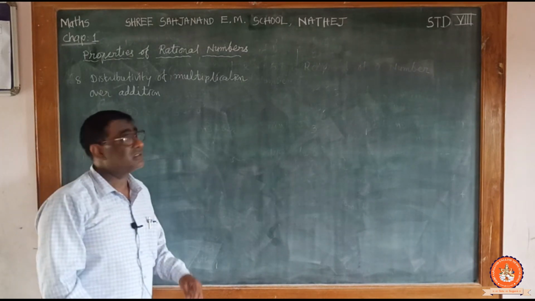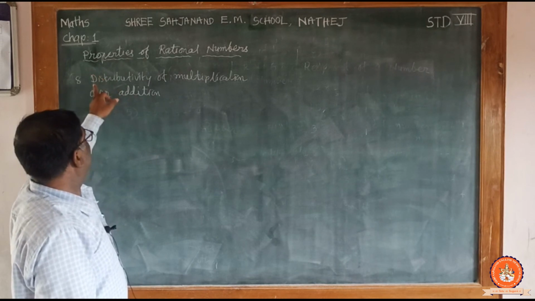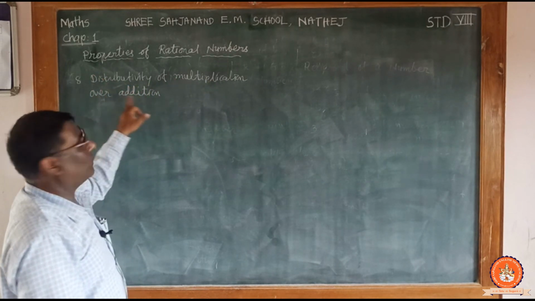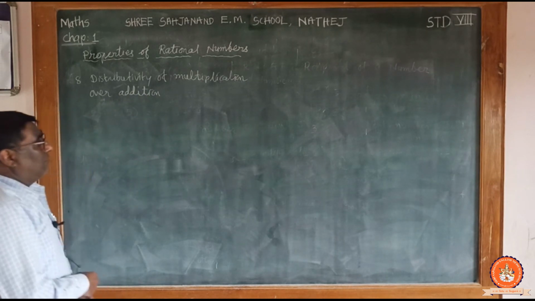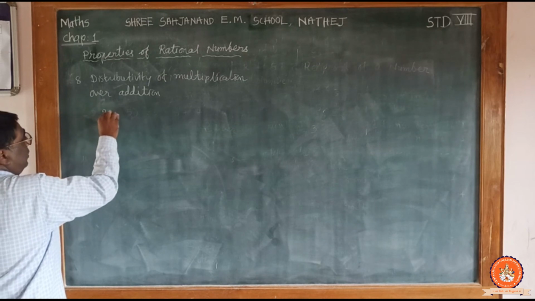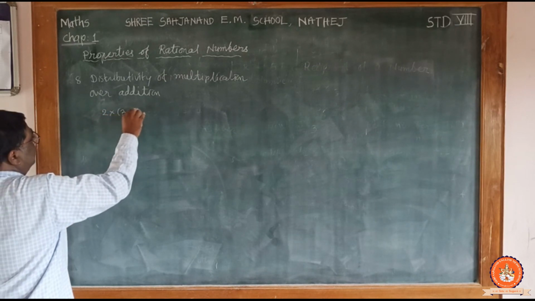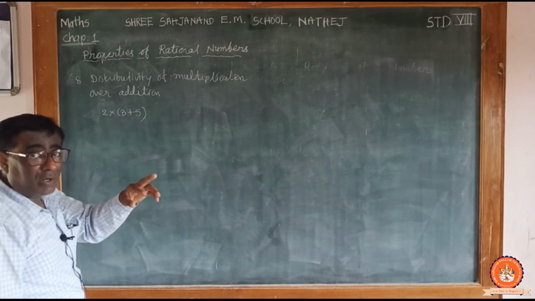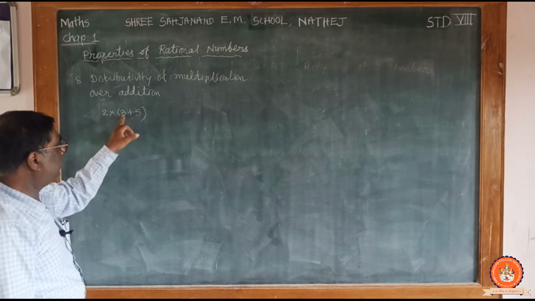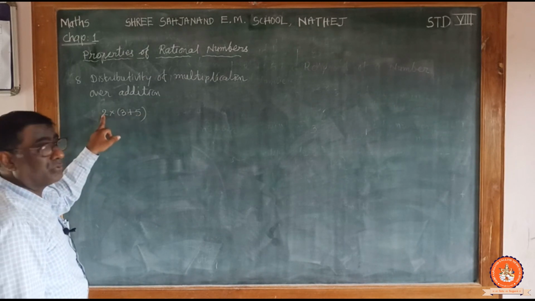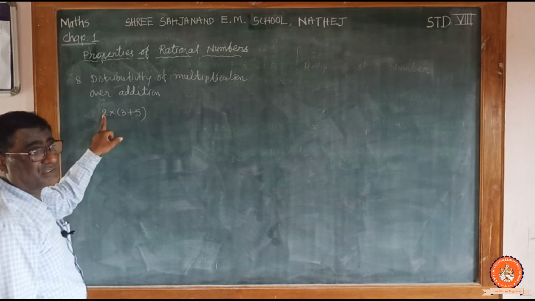Now the next is distributivity of multiplication over addition. Look at it: 2 into 3 plus 5. As per the BODMAS rule, 3 plus 5 is 8, and 8 into 2 will give you 16.